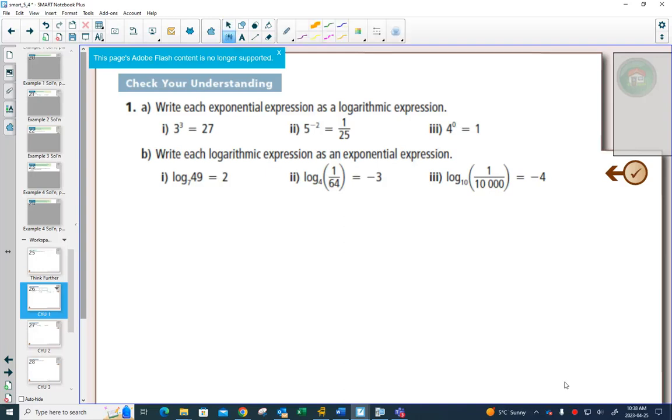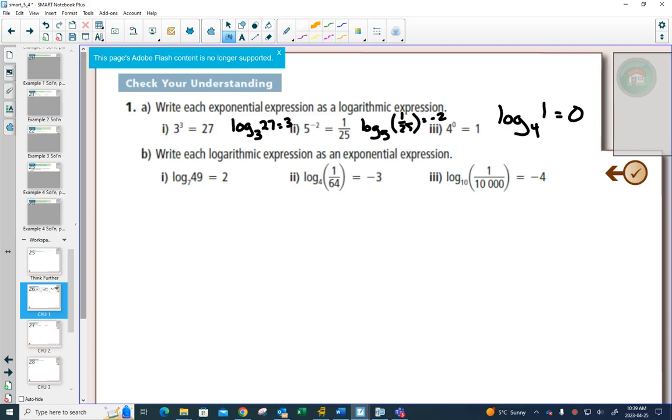So in log form, this would be log base 3 of 27 equals 3. Log base 5 of 1/25 equals -2. And log base 4 of 1 equals 0.